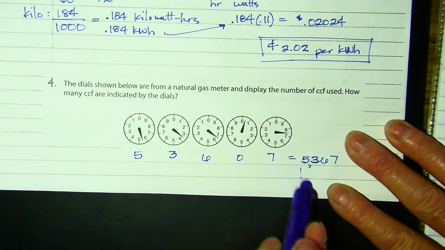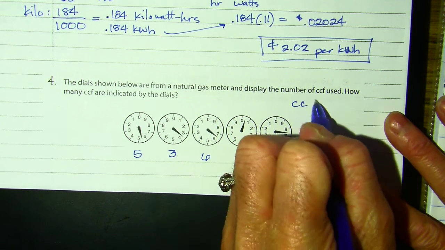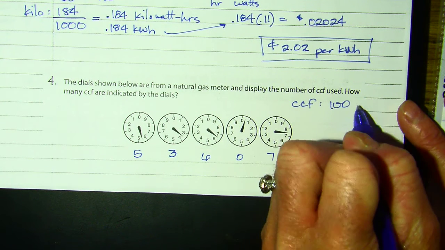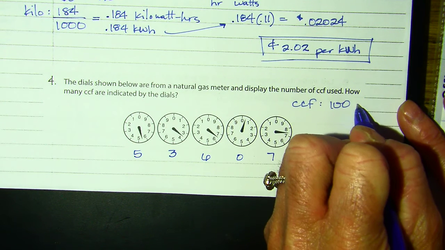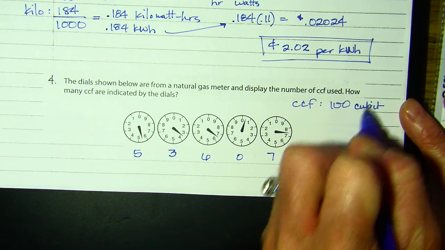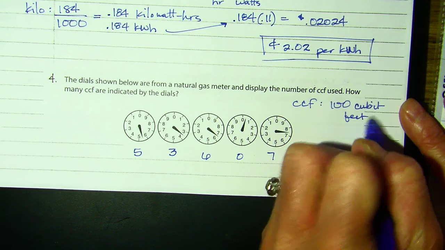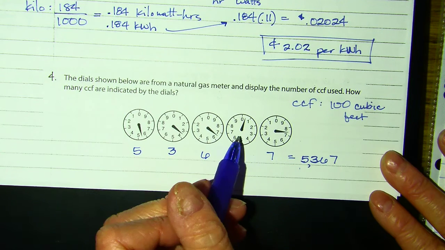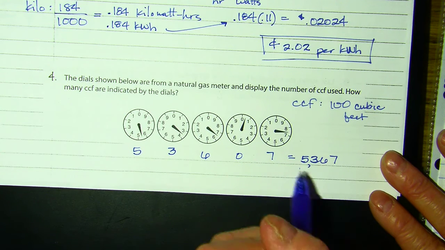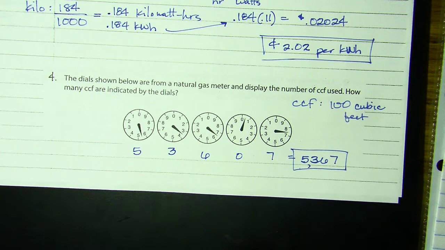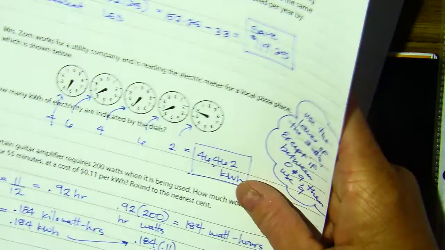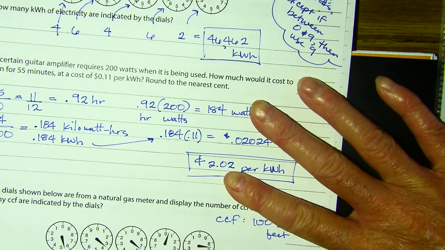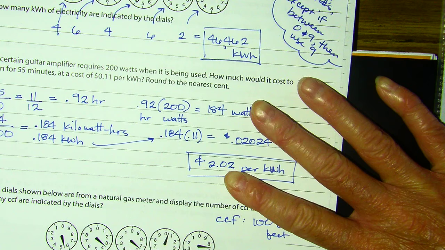Sorry, CCF means 100 cubic feet. Because this is 0, I'm just going to disregard that number.